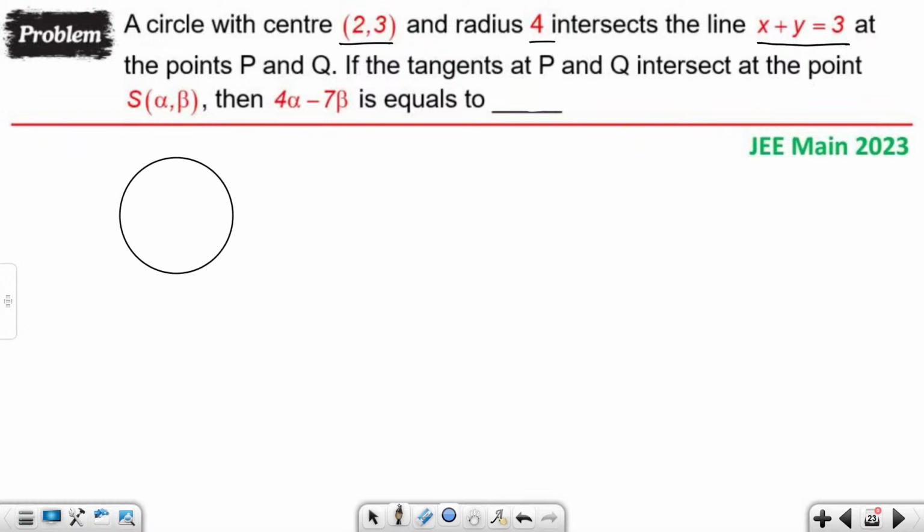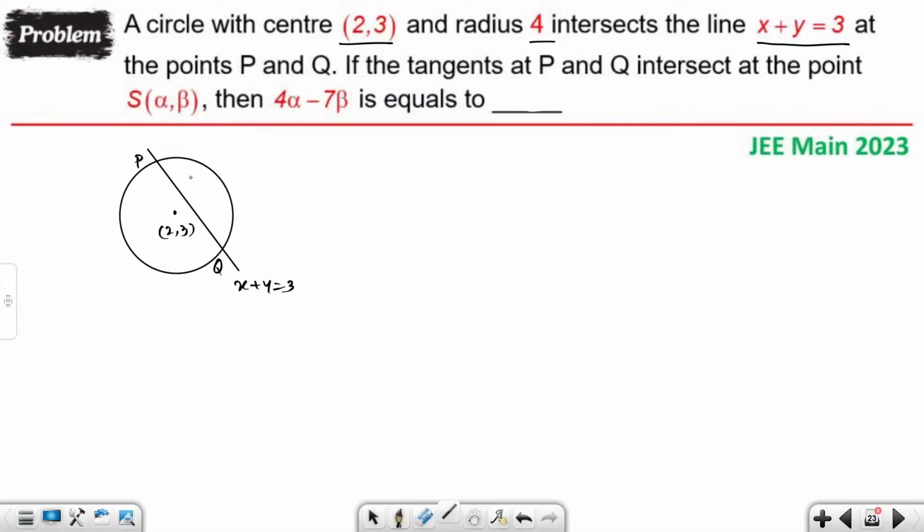This circle is having its center at (2, 3) and its radius is 4 units, right? Now it intersects the line at P and Q. So this is my point P and this is my point Q, and the equation of this line is x + y = 3.